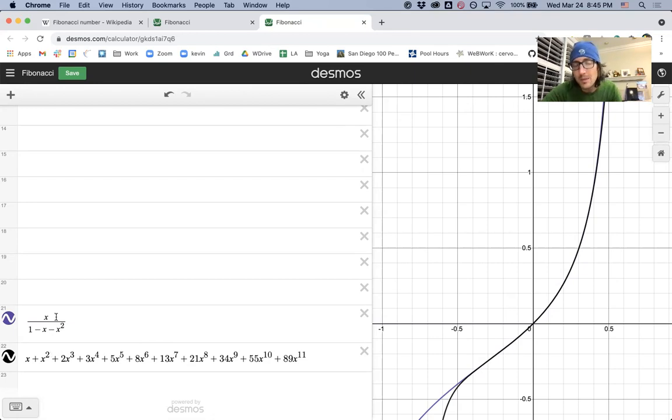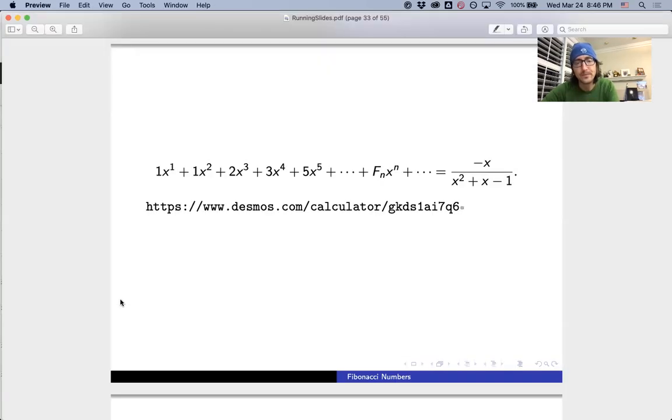Maybe some of that connects with what you've been doing in Calc 2. If not, just think of it this way: this sum that encodes the Fibonacci numbers is modeled extremely well by this rational function. Okay. And so we're going to use that and see where it takes us.